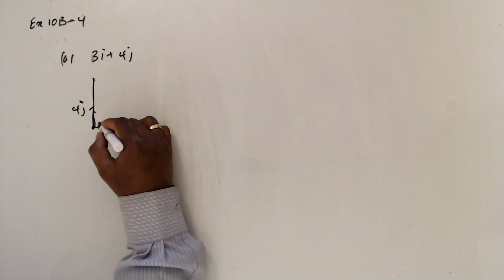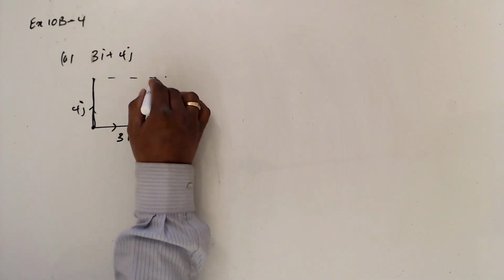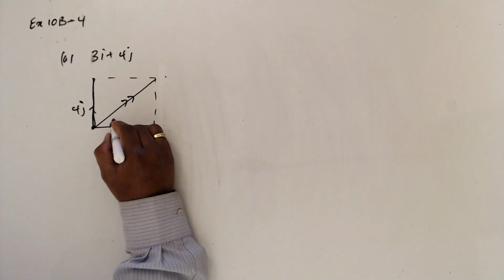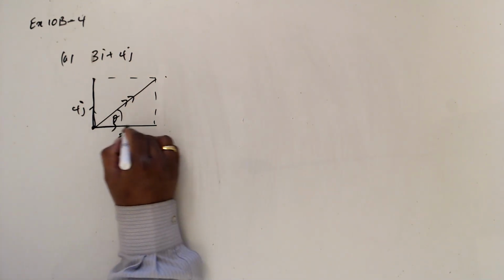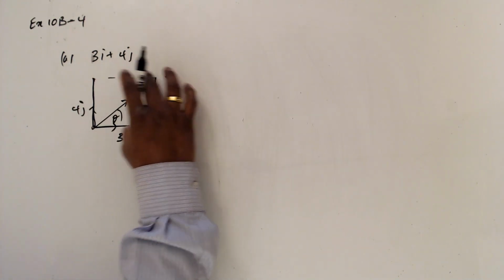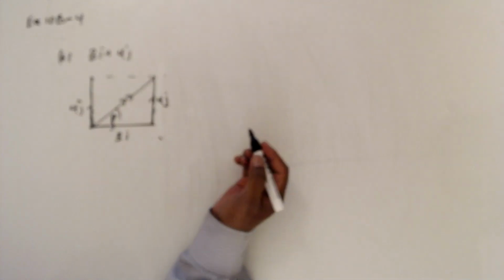Then as a result, it moves in this direction. Let's say this is theta, and since this is rectangular, this is 4j, this is also 4j.